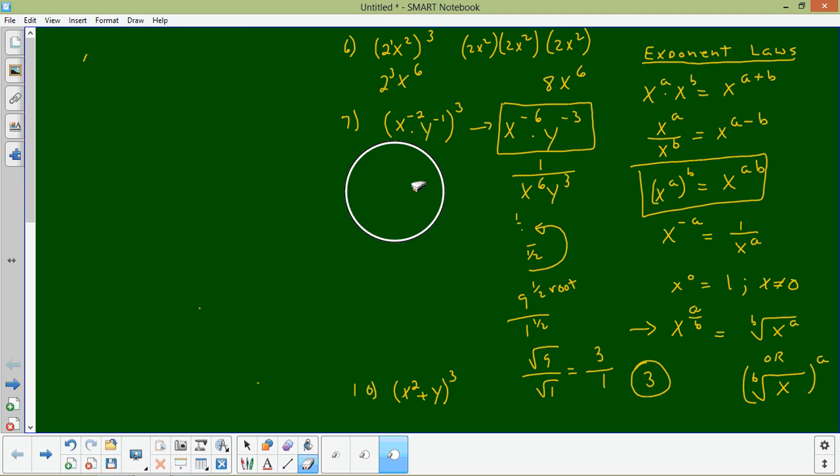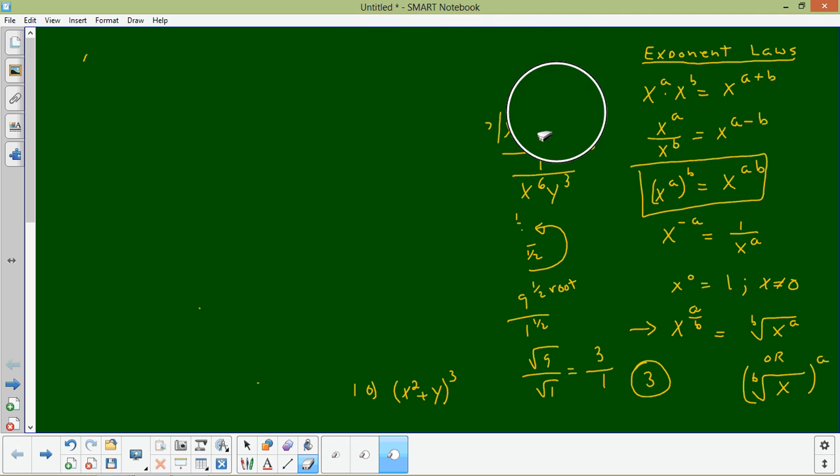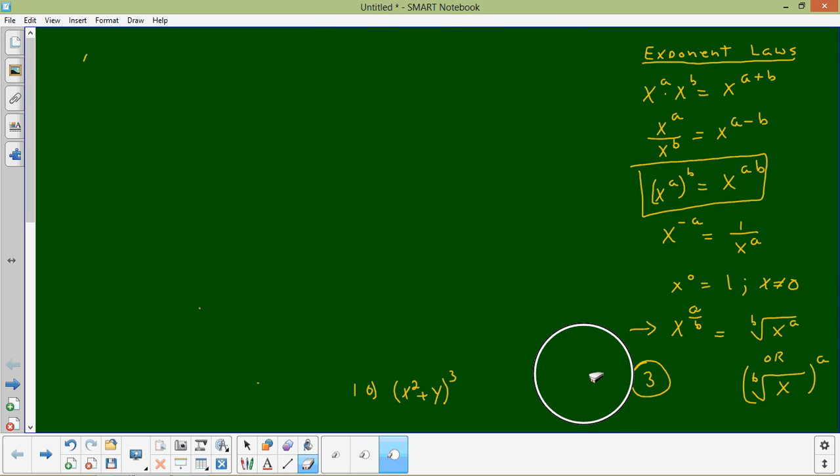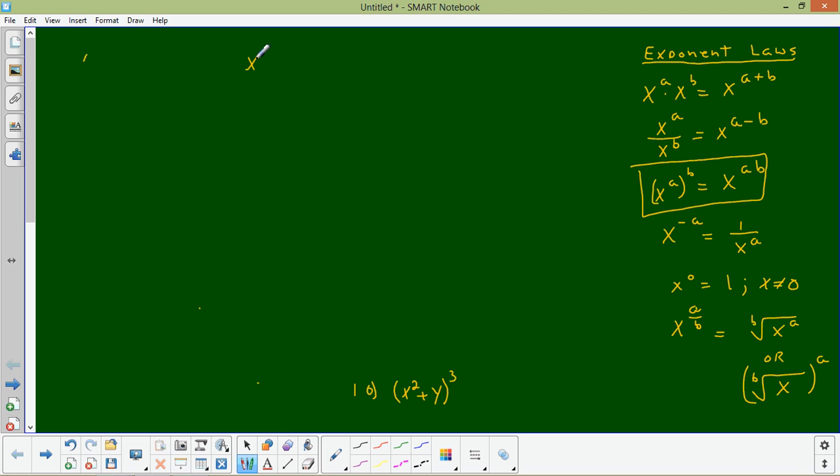The last exercise, x squared plus y to the 3rd power. A couple ways you can do this. You could use the binomial theorem to do the expansion from, say, an Algebra 2 class. Or if you prefer, you can, by definition, go x squared plus y times x squared plus y times x squared plus y.